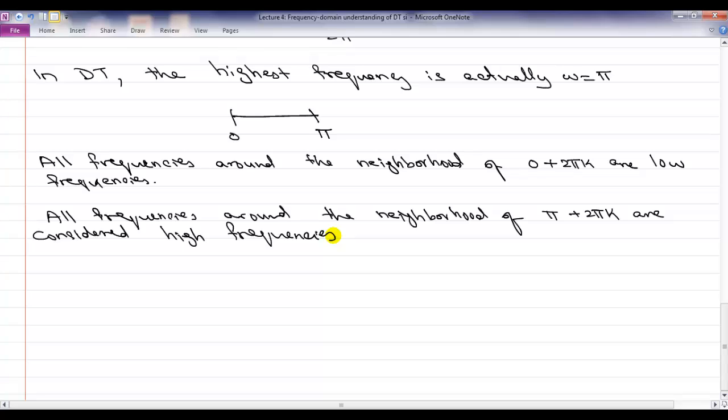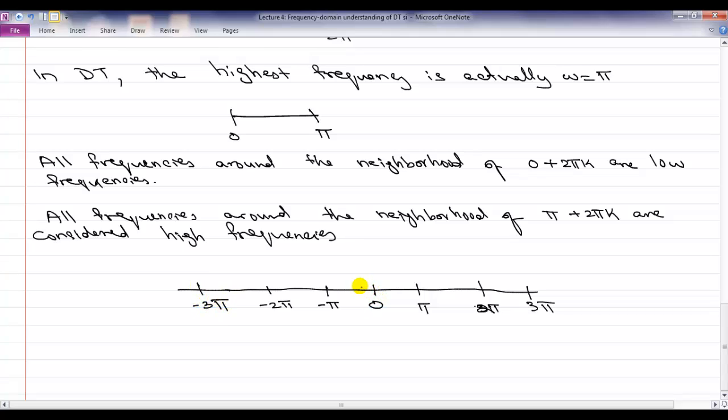So in general, in the discrete time world, what happens is that when we are talking about frequencies, we divide our discrete time frequencies into chunks of 2 pi regions each. So if this is 0, let's say this is minus pi, pi, this is 2 pi, this is 3 pi, minus 2 pi, minus 3 pi.